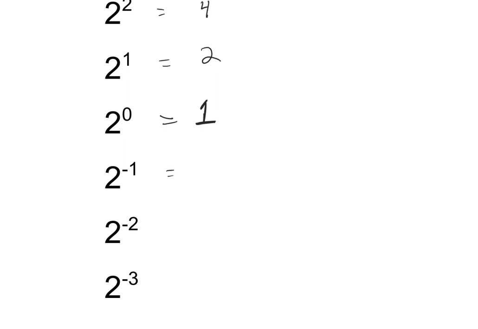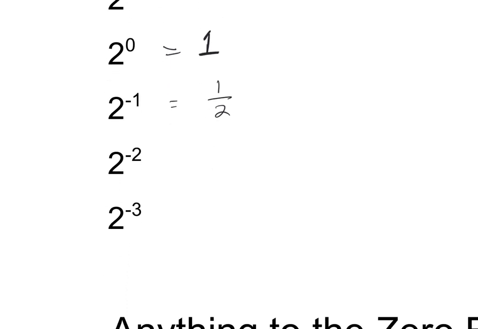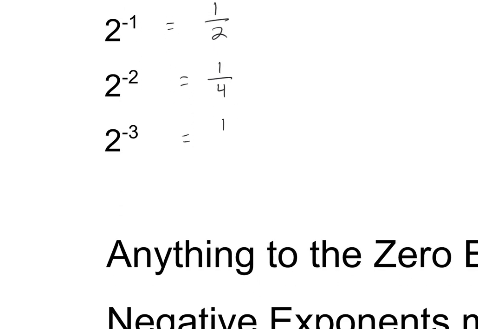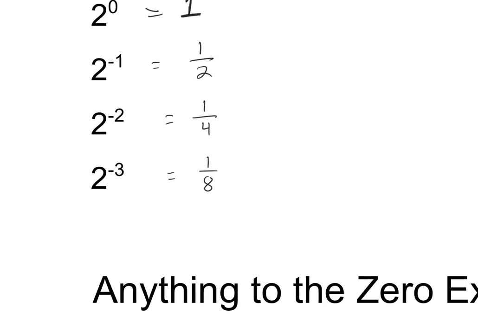Now, if you punch 2 to the -1 in your calculator, you'd get 1/2. If you punch in 2 to the -2, you get 1/4. And 2 to the -3 is equal to 1/8.